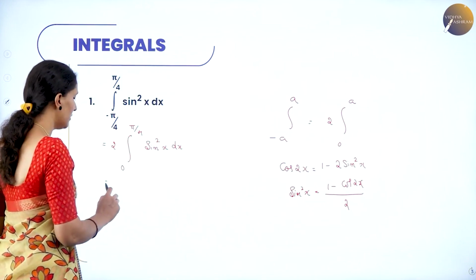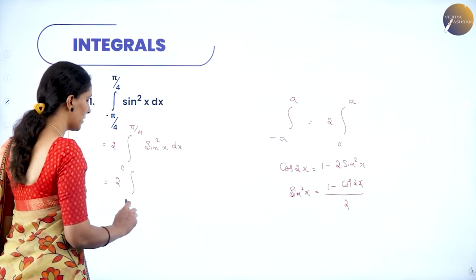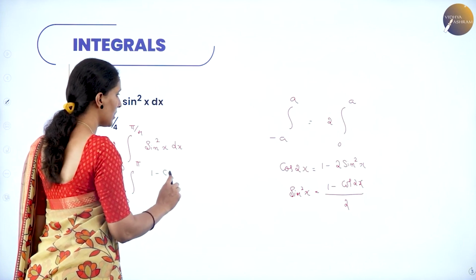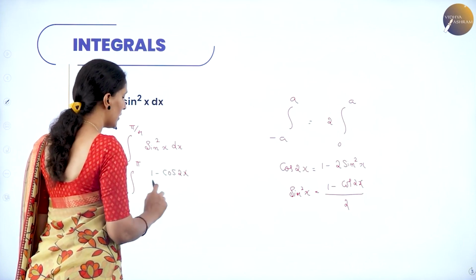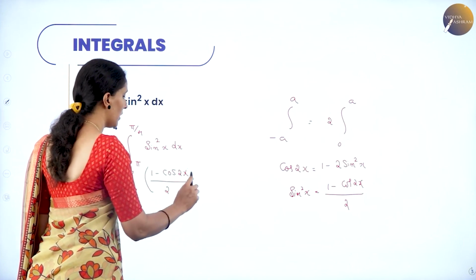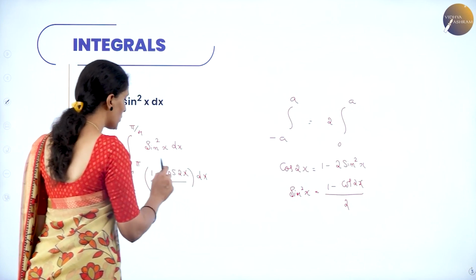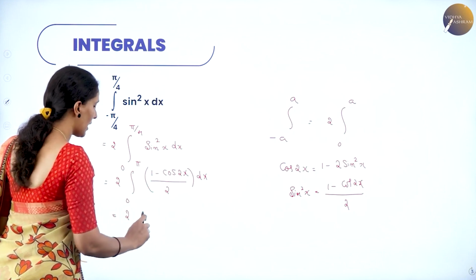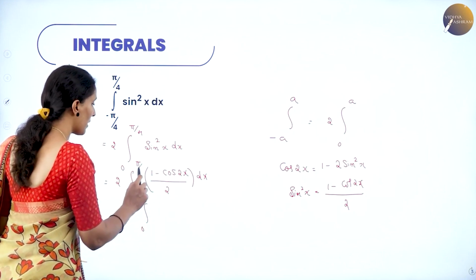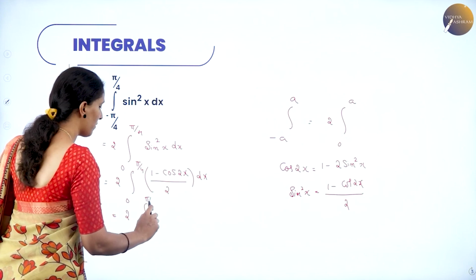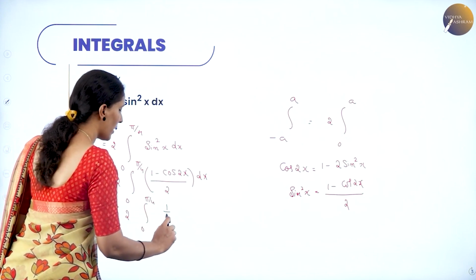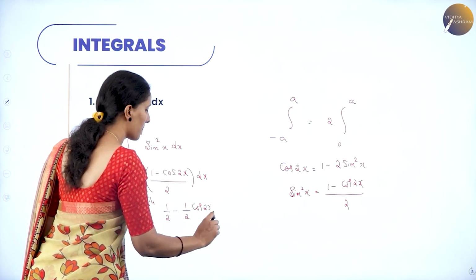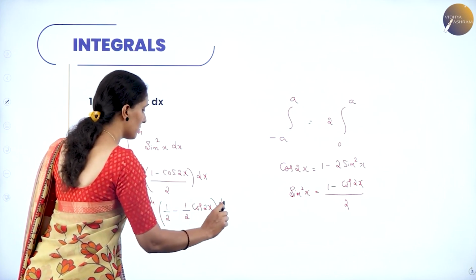So here 2 times integral from 0 to pi by 4 of sine square x can be written as 1 minus cos 2x divided by 2 into dx. If you solve this integral, this is 2 times integral from 0 to pi by 4 of 1 by 2 minus 1 by 2 cos 2x dx.